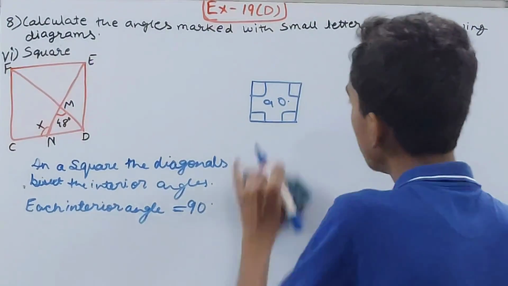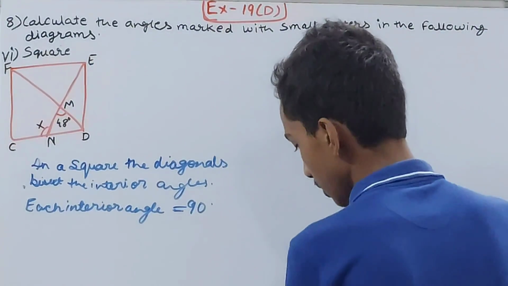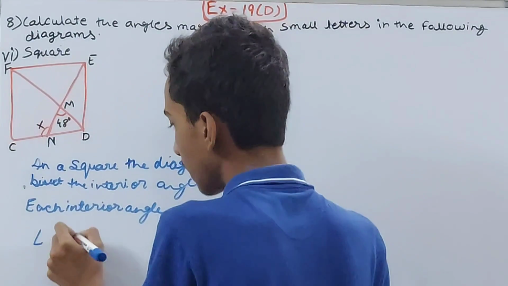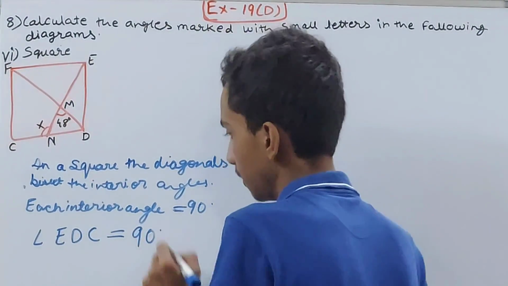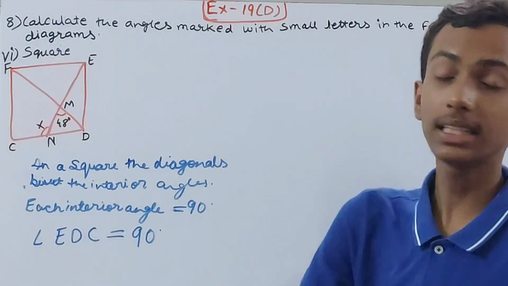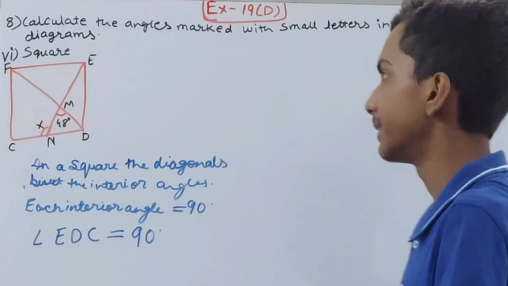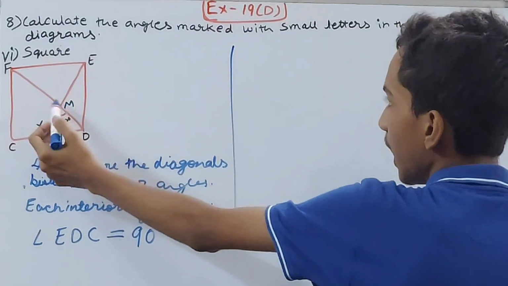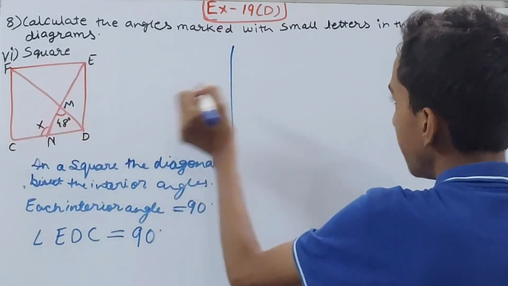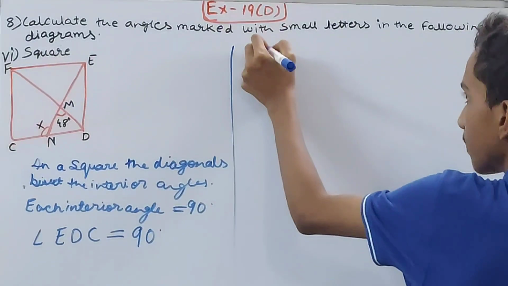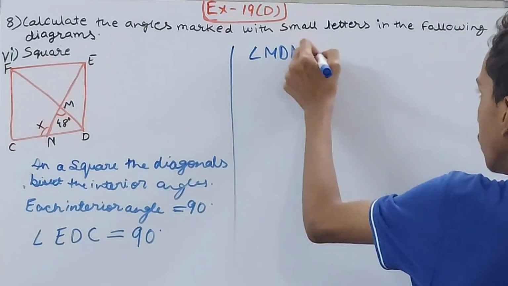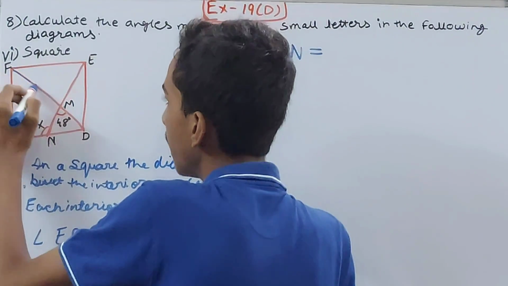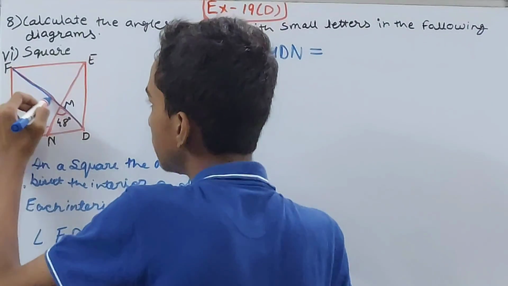Fine. So what you will get here, look, angle EDC is equal to 90 degrees. EDC is an interior angle, so it will be 90 degrees. Therefore angle MDN will be equal to what? See, MDN is being formed from FD like this. What is this? This is a diagonal only.